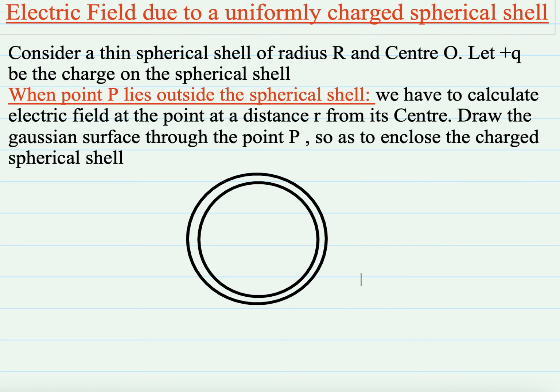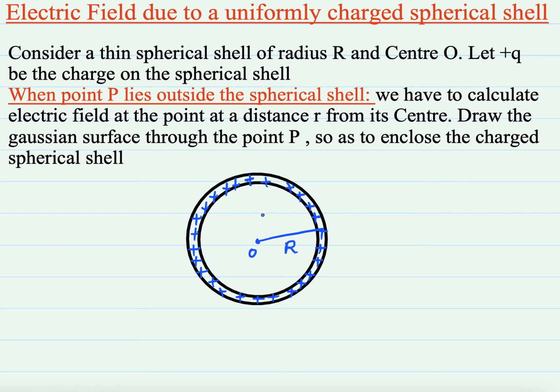This is one positively charged spherical shell, so we'll give the positive charge here, of radius capital R. So O is the center and the radius is capital R.